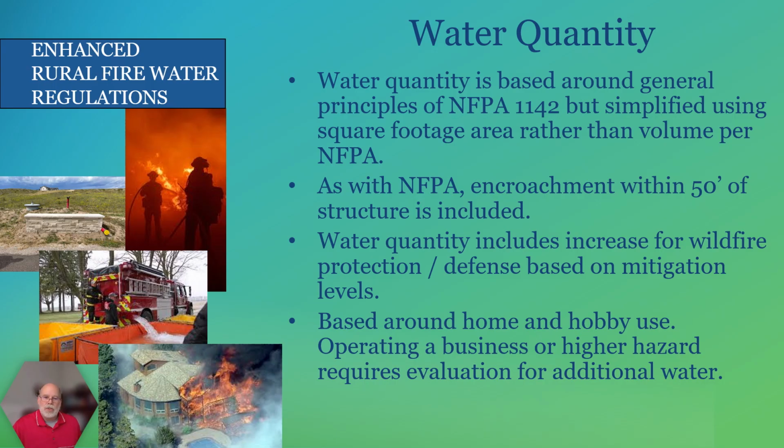And it's essential that the developer or the homeowner commit to that up front. If they do not commit to it or do not follow it, there are provisions for stop work. So if they start building the house and have not done the mitigation they've committed to, then the AHJ, or the authority, can stop work and require them to provide the water levels for that higher level of protection.